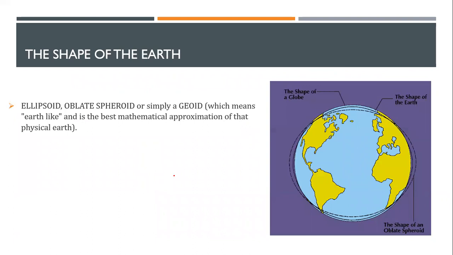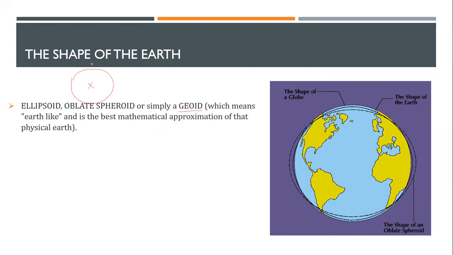In order to realize all that, we need to realize what the earth actually looks like. Of course, it is not a sphere. It's a natural heavenly body, not a proper sphere. Then what is it? It is a geoid. And now what is a geoid?